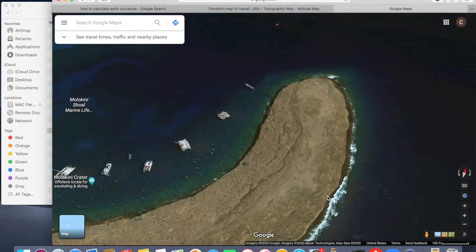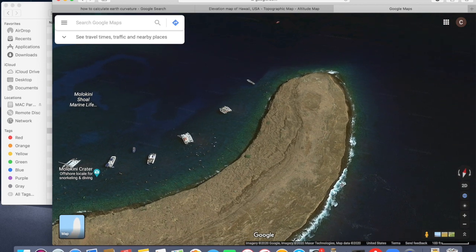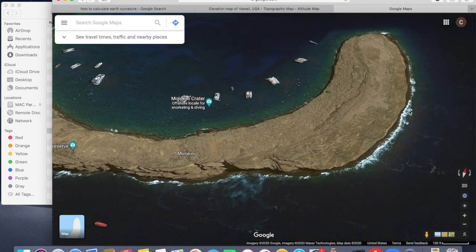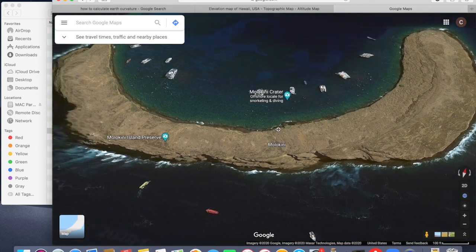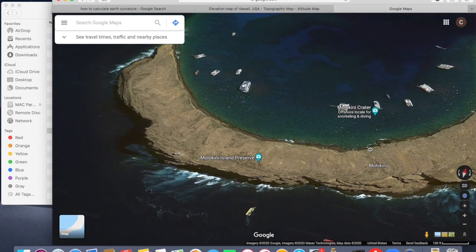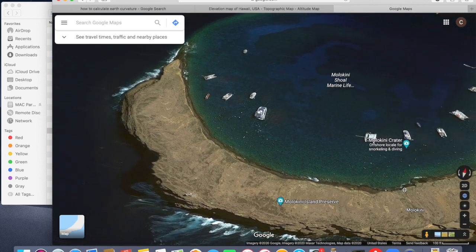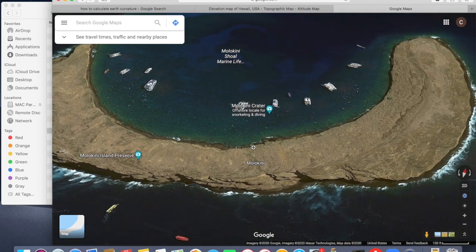You can see the shoreline. There's a lot of boats and swimmers and snorkelers, divers. It's one of the best places to snorkel in the world, they say. Alright, so it's not that tall of an island.